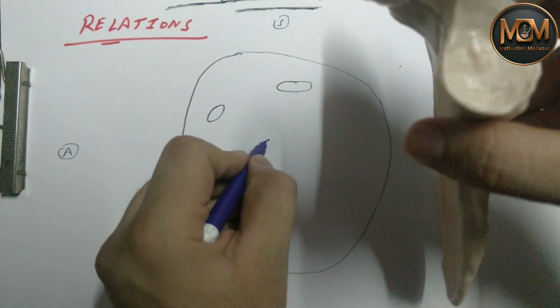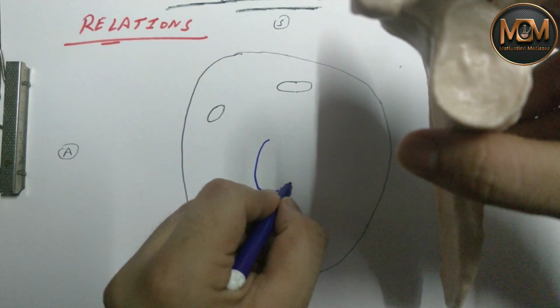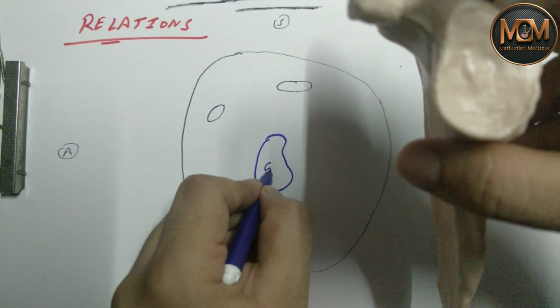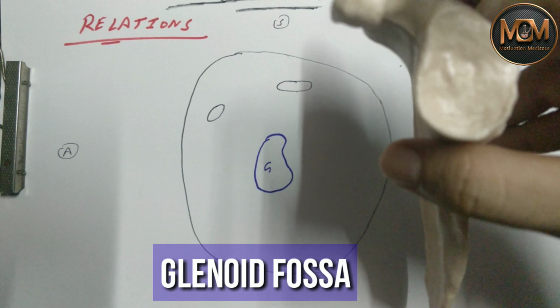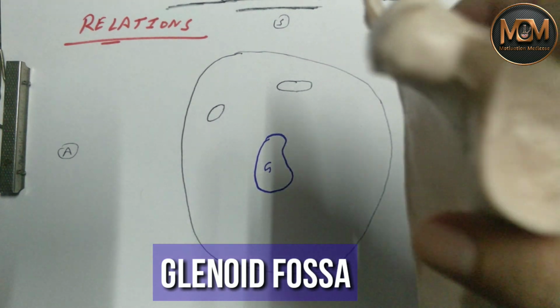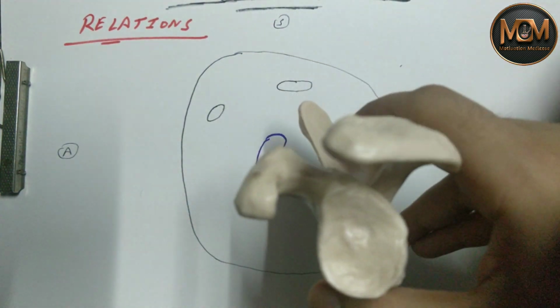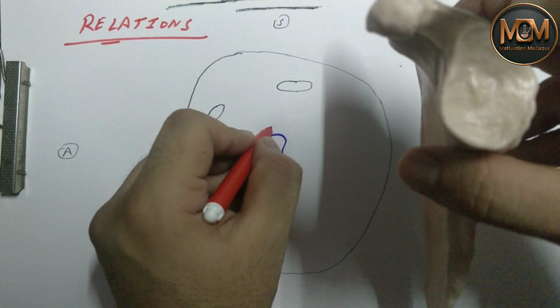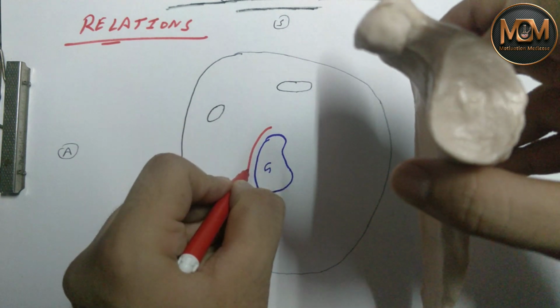Now we are drawing this, writing G for the glenoid. So this is the glenoid fossa. Now outside this glenoid fossa there is a bursa present, that is the subscapular bursa.